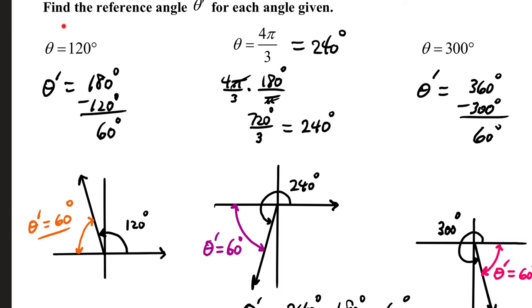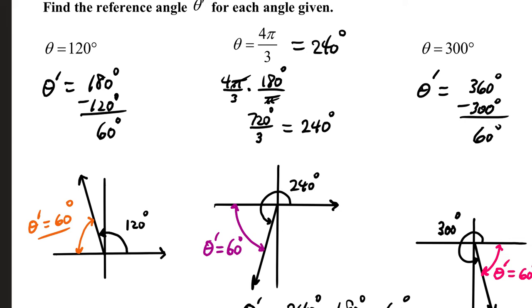The first angle is 120 degrees. If we plot that, we have the initial side on the positive x-axis. We rotate 120 degrees counterclockwise, and that's where our terminal side lies. The quickest trip from your terminal side to the x-axis is 60 degrees, and that is your reference angle.